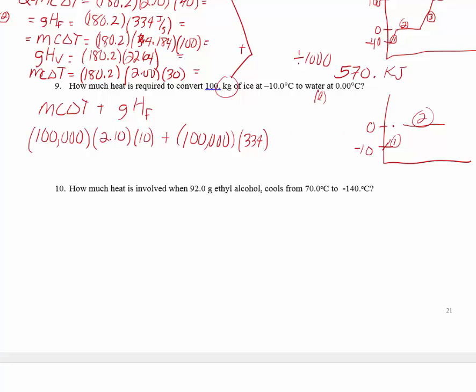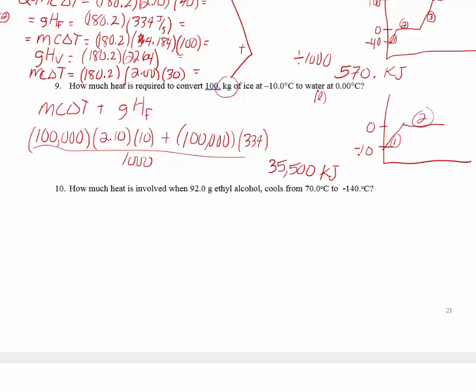Those are the only 2 parts of the math you have to do. Then take this answer and divide it by 1,000 to put it into kilojoules. It's still going to be a large number because 100 kilograms of ice is a lot of ice. So you should have gotten 35,500 kilojoules.